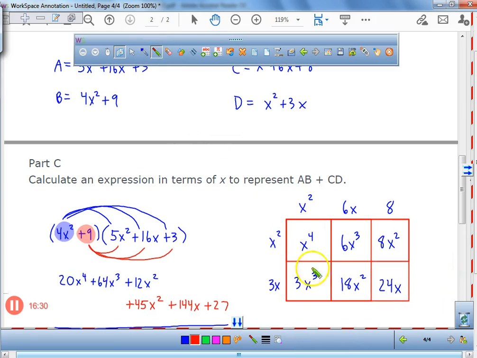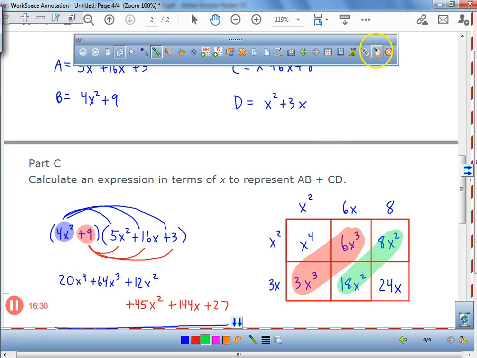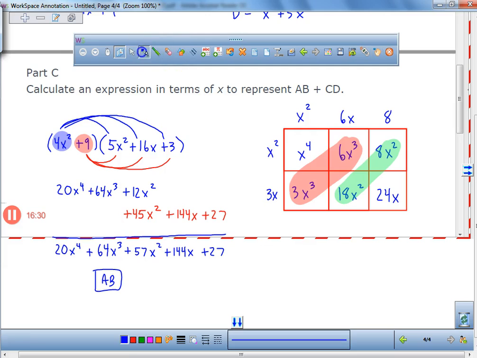Now, do you guys see how you can figure out where the like terms are? Do you see these like terms right here? And where else do you notice some like terms? Right there, correct? All right, so it has some like terms that you can add together. So right now, what do we have? We have x to the power of 4.